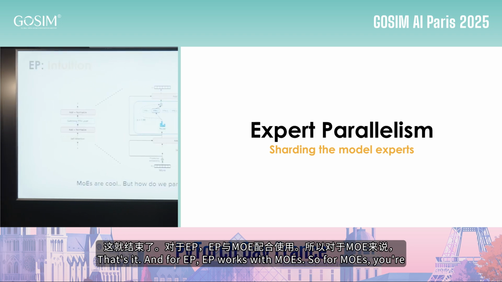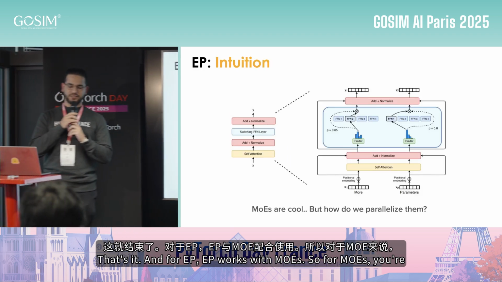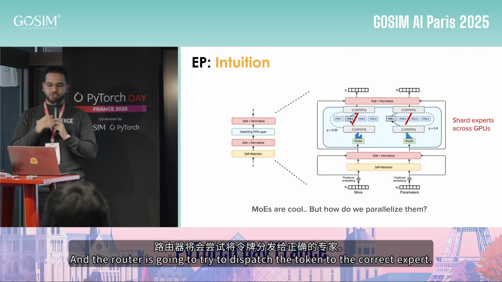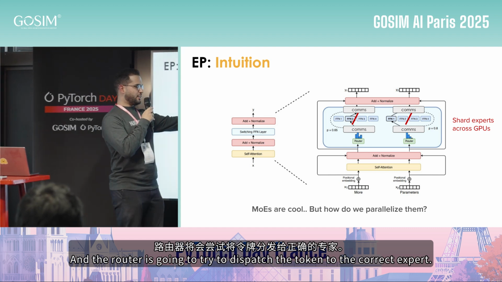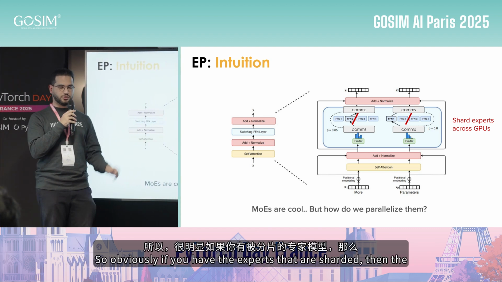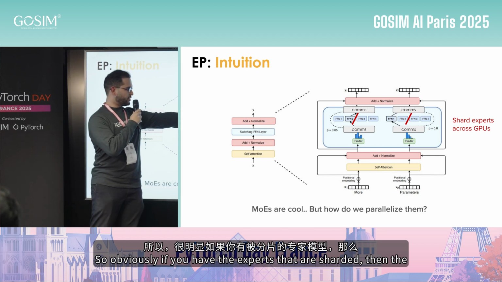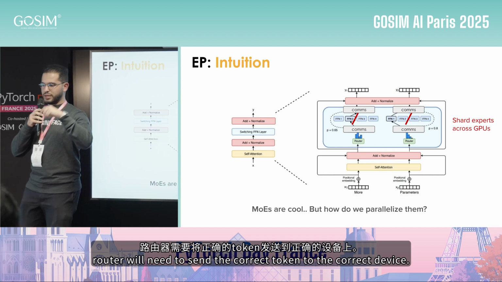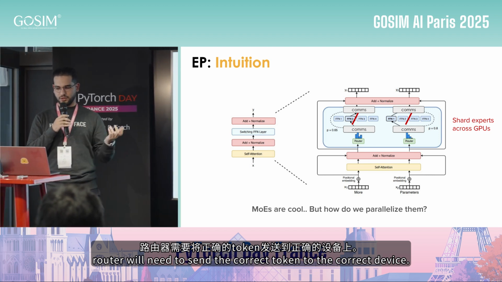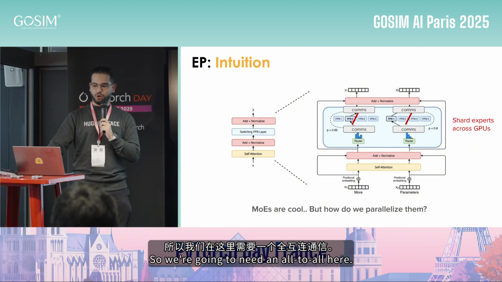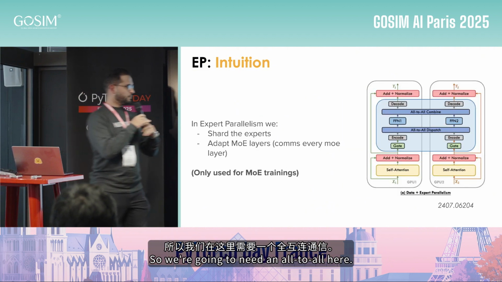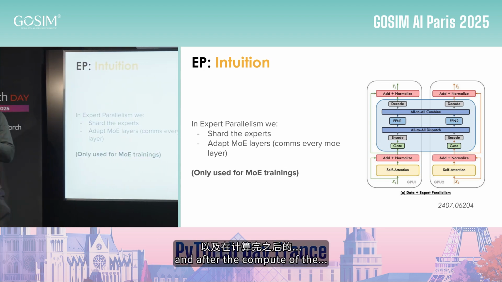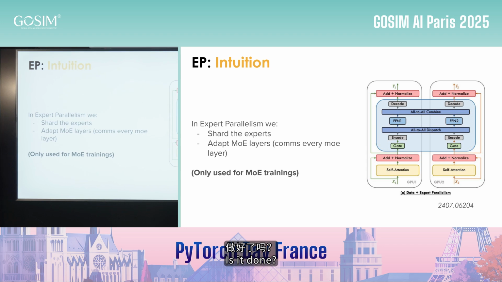That's it. And for EP, EP works with MoEs. For MoEs, you're going to have multiple experts, and the router is going to try to dispatch the token to the correct expert. So obviously, if the experts are sharded, then the router will need to send the correct token to the correct device. So we're going to need an all-to-all here, and after the compute of the FFN.